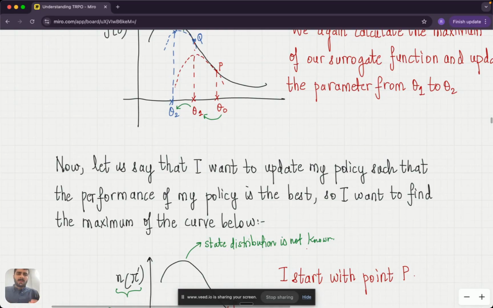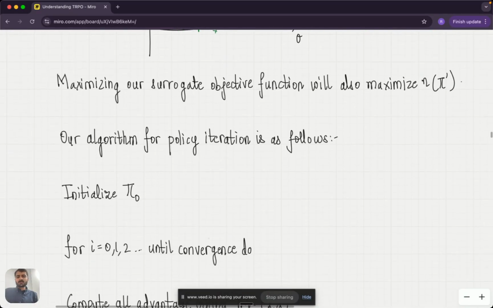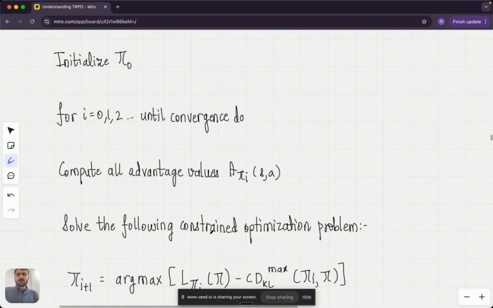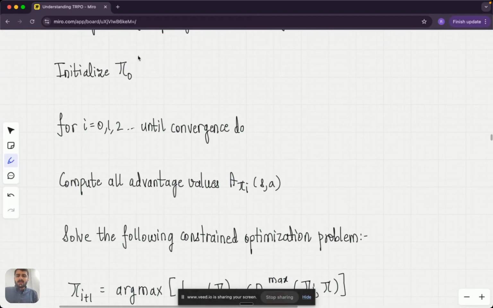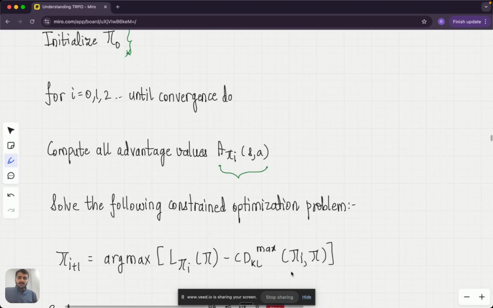So now in the remainder of this lecture, all we will do is we will try to optimize this surrogate objective function. So the policy looks simple. Initially, we will initialize the policy pi 0, which can be a randomly initialized policy. Then we will calculate all these advantage values for all the states and actions of that episode, for that policy, and then we will find the maximum of this, and that maximum will be the next iteration of our policy pi 1.